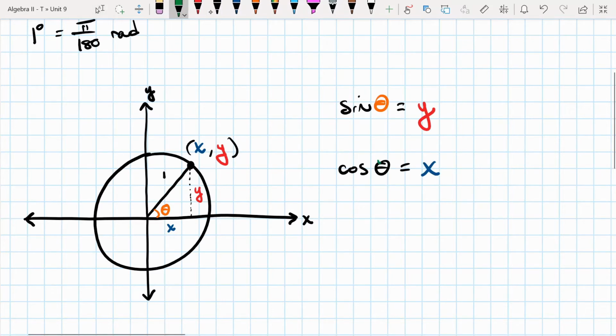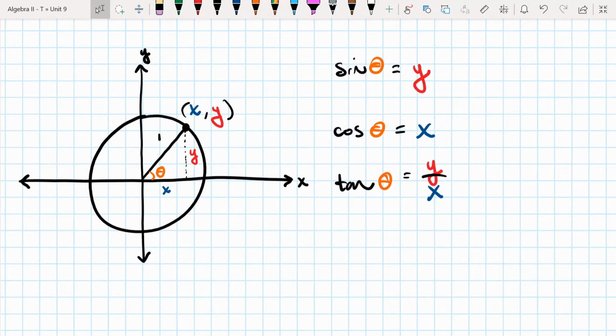Okay? And then the third one we talked about of the three basic trig functions is tangent. Tangent of theta is defined as the ratio of sine over cosine. So in this case, this will be y over x. So those are the three basic trig functions.